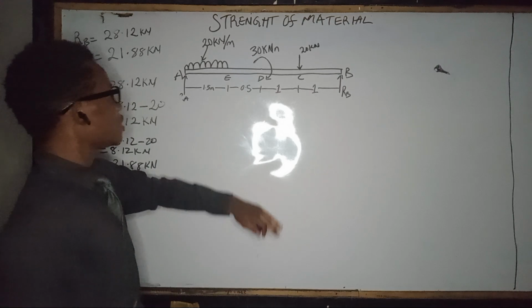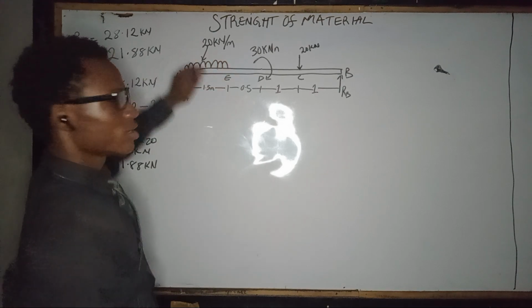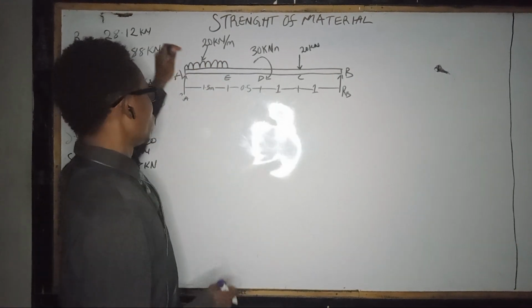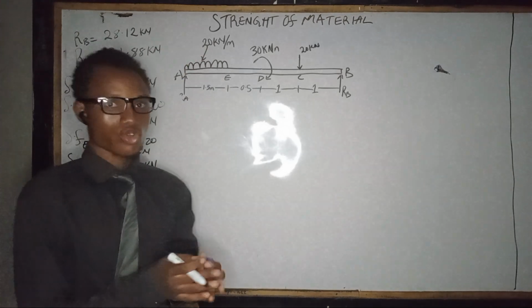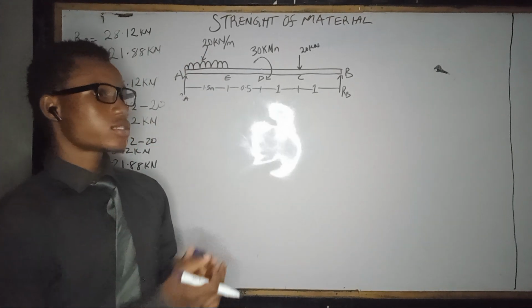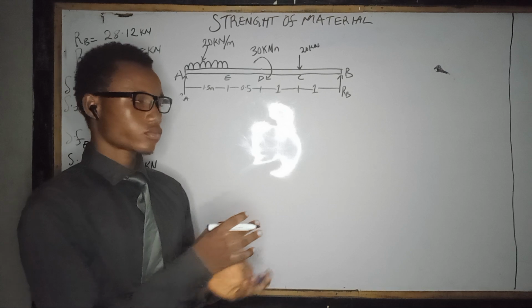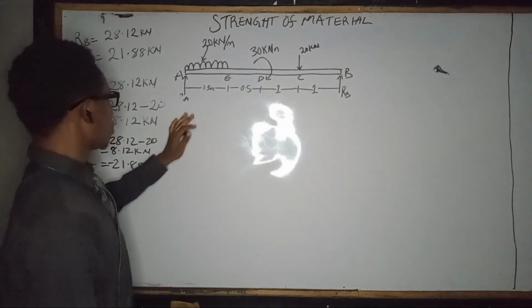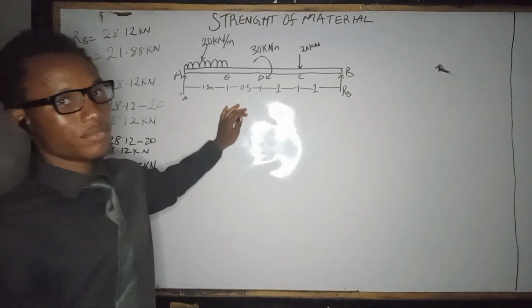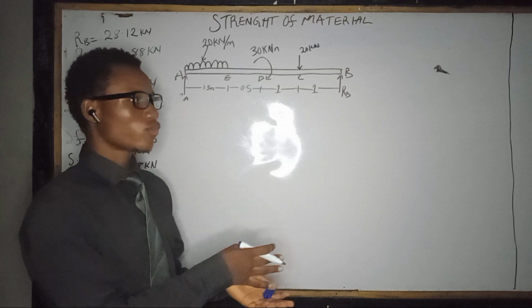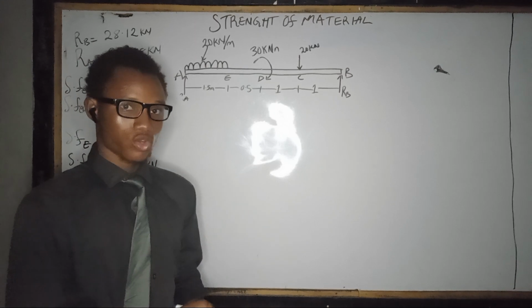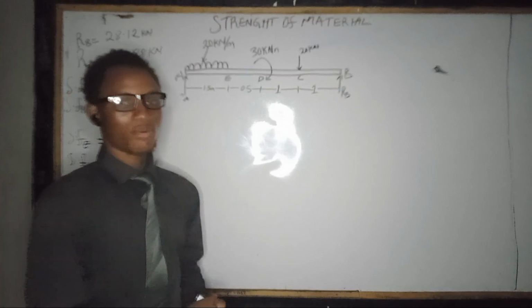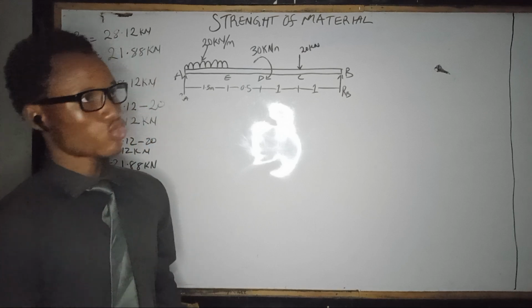That means there must be a point in between here and here where the shearing force is equal to 0. We remember that when solving a simply supported beam, we always have to look for the point where the shearing force is equal to 0, and most of the time it is the point where the bending moment is usually max.